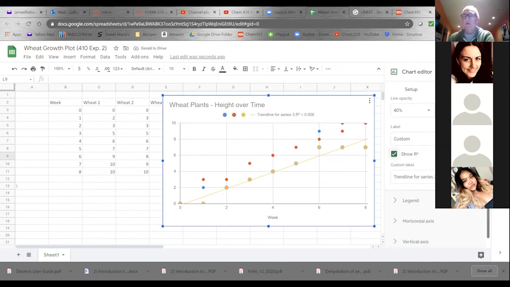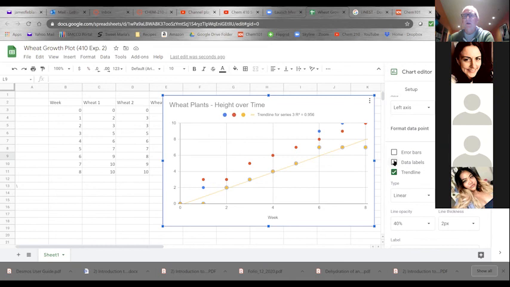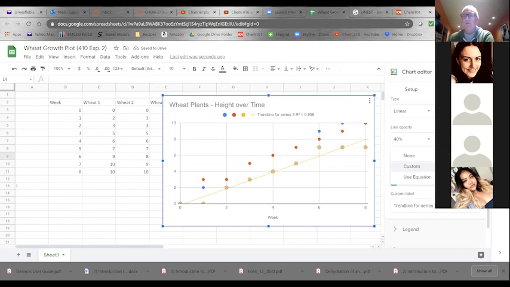Show the R squared. We also want to see the equation, please. How do we see the... oh, label, use equation. There we go. So label, use equation, and show the R squared.